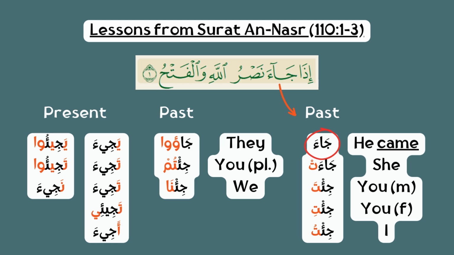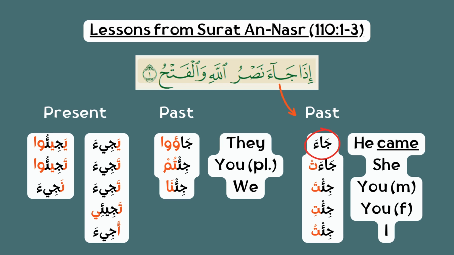And what we're looking at here on the screen is really common throughout all the verbs. Really, it's adding a suffix, and also adding a prefix in the present as well. So again, ja'a is "he came." You can see in the middle of the screen, ja'u is "they came." Okay, jittum, "you," plural, talking to a group of people, jittum. And "we came," jitna.